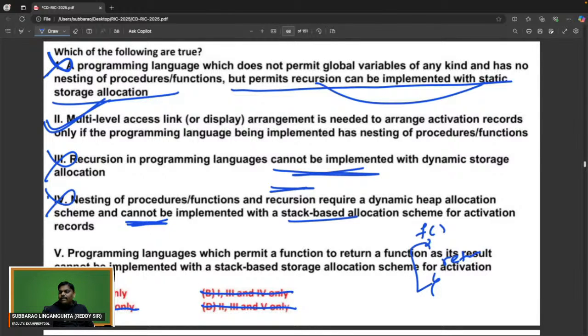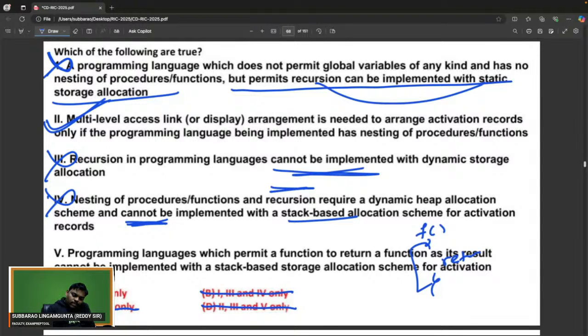When you say return, it is popped, so it is not there in the stack, but we want it in the stack. Once it is already popped out, it may not be available. That is the reason he is saying it cannot be implemented with the stack-based allocation scheme.